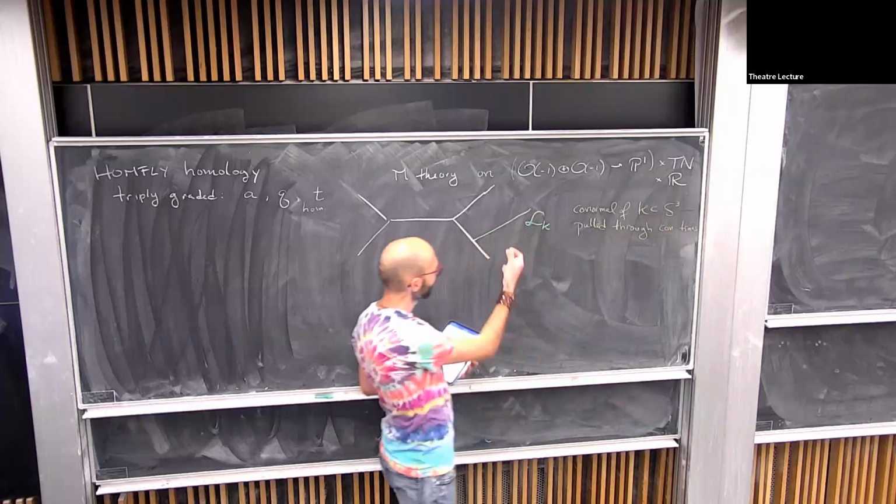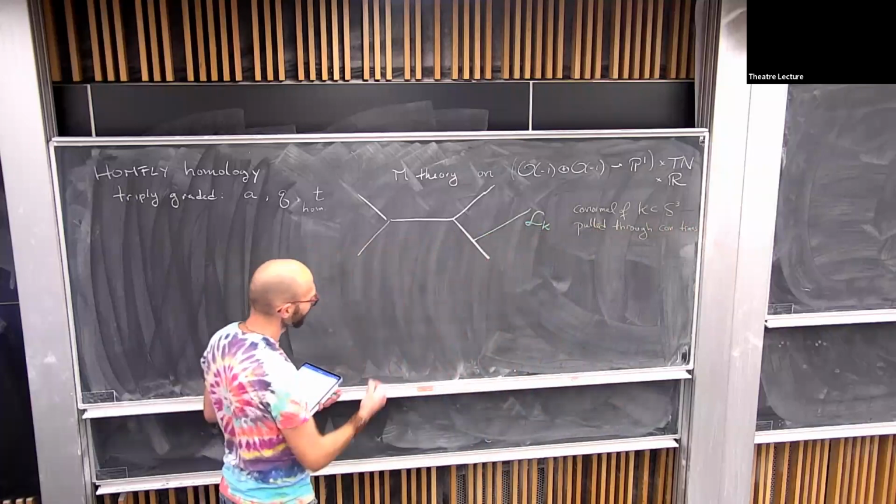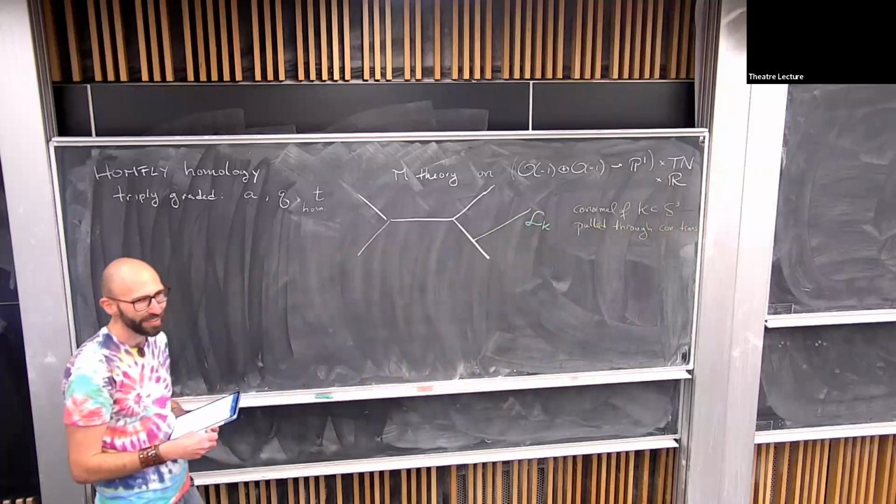The only thing I want to say here is that there's a Lagrangian whose geometry is determined by a knot.